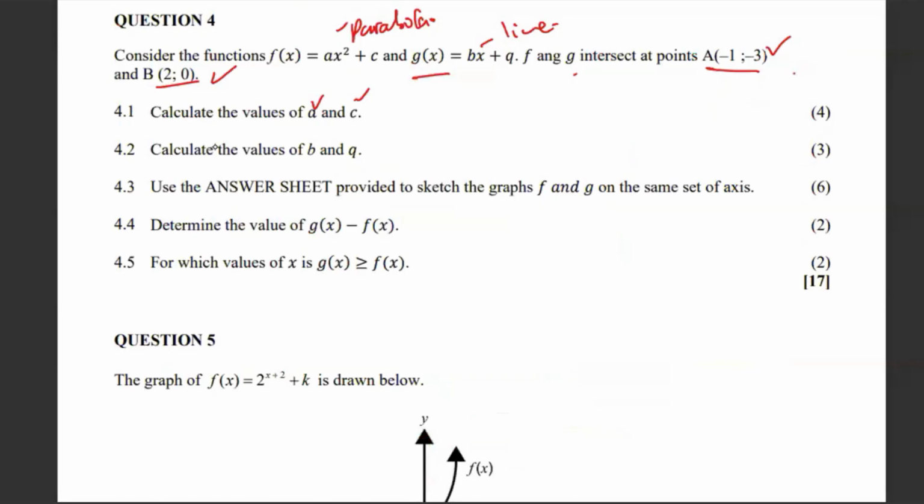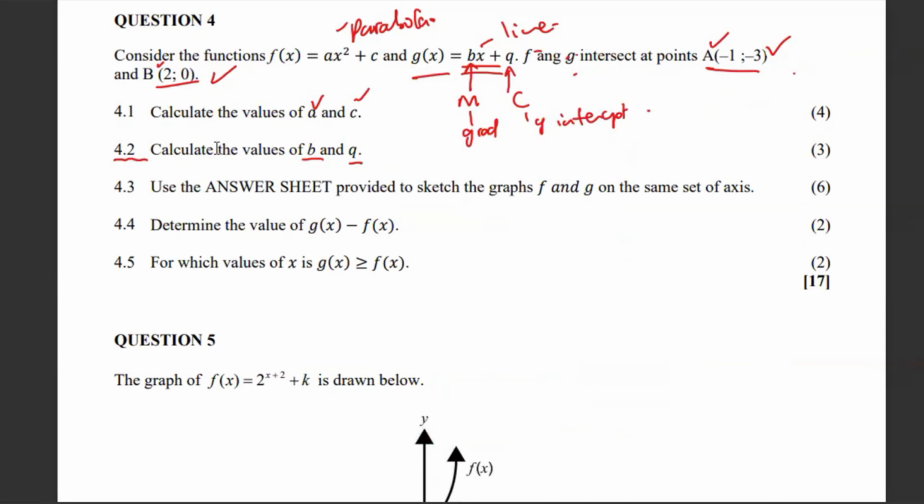Then 4.2, they want us to get the values of p and q. So remember, both graphs are meeting at these points. For us to get the equation of a straight line, we know that this p represents the m, the q represents the c. M is for the gradient, and then this is the y-intercept.